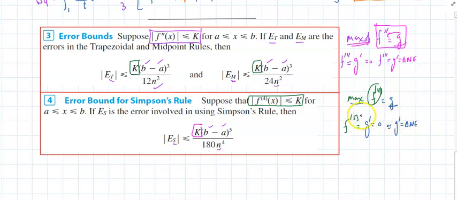Now you have an option. That is, if I am certain that this function is decreasing, then I know the maximum is the left endpoint. And if I know a function is increasing, then I know the maximum between A and B would be the right endpoint.